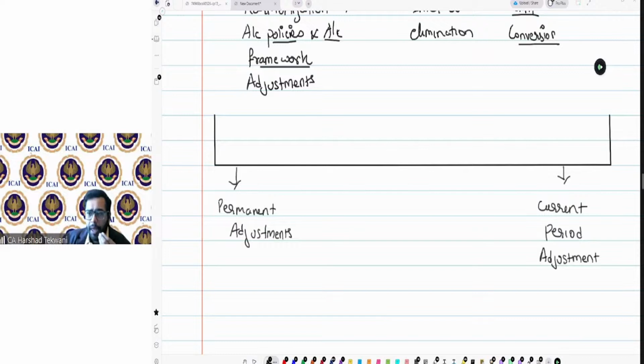If no further doubt, can anyone give me some examples of permanent adjustments? What would you call permanent adjustments? You might have already seen various permanent adjustments in FR. What permanent adjustment am I talking about here with respect to consolidation?